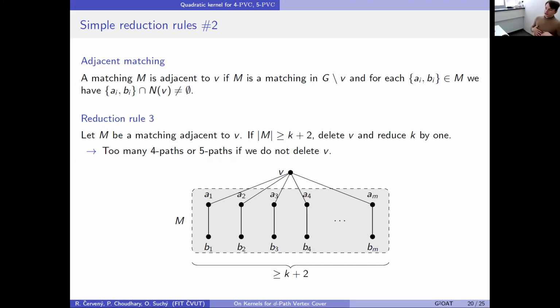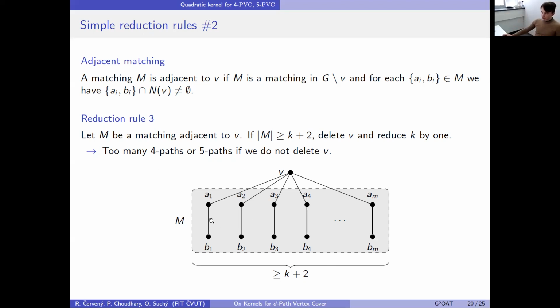Okay, and the third reduction rule is: if we find this structure in the graph and the matching is large enough, let's say that the size is at least k+2, then we can immediately delete this vertex V. And why is that? Because the edges of the matching together with V form many 4-paths or 5-paths in this case.